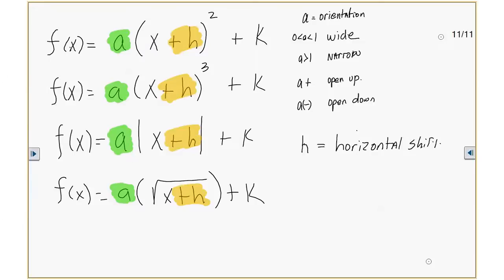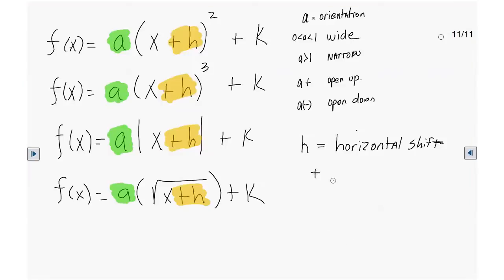Now, the horizontal shift, this is the only time that is the opposite. If it's positive, that means you go to the left. If it's negative, that means you go to the right.